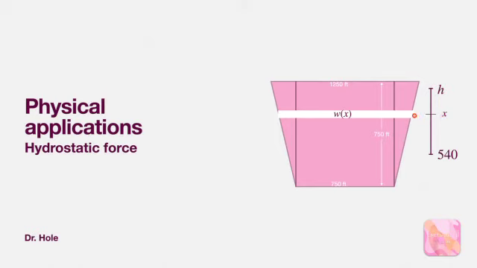And then we will consider the width of the dam at that depth. We have a strip highlighted in white. This strip is going to have a width of w of x. We know that the width will at least be 750.